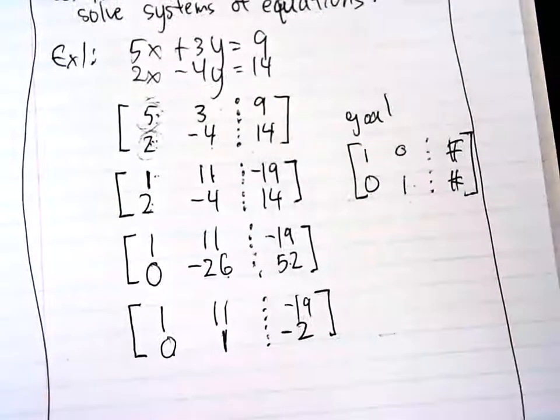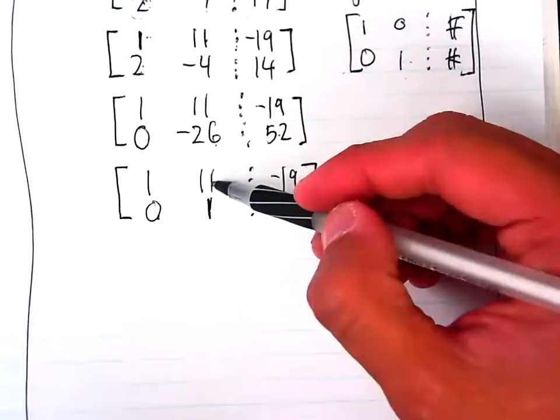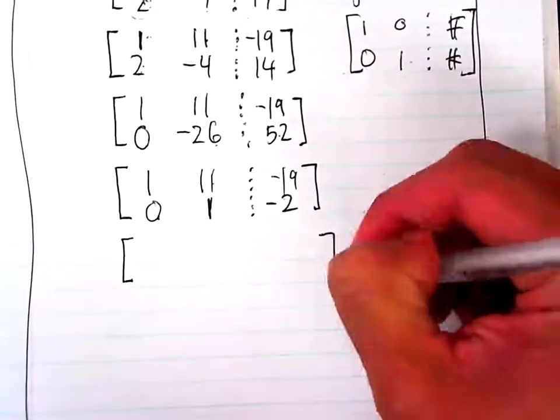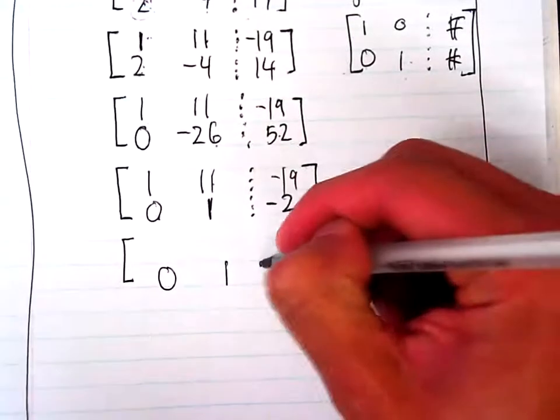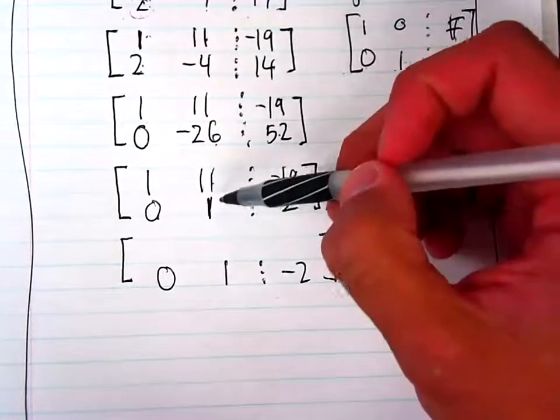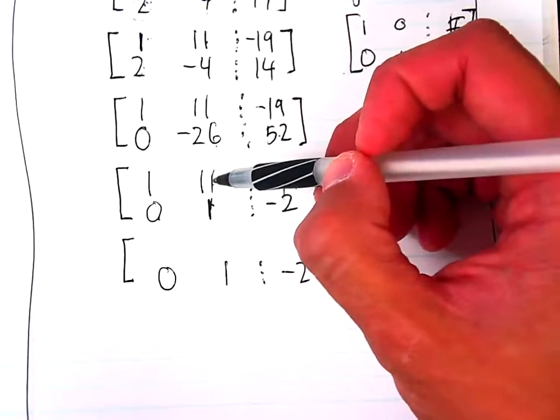Okay, so the last thing I have to do is turn this into 0. So I'm not going to do anything to the bottom row. Make sure we're only changing one row at a time. So I'm going to multiply this by negative 11, and if I add that, it should be 0.